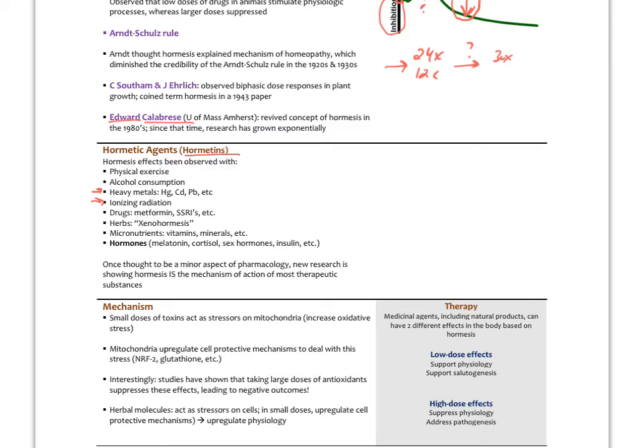Too much suppresses them. What we think is happening is at the very small doses, we create reactive oxygen species in the body, for example, from radiation, and that upregulates cell protective mechanisms. If you suppress those oxidants with really large doses of antioxidants, like high-dose vitamin C or other nutrients, you actually stop that signal.